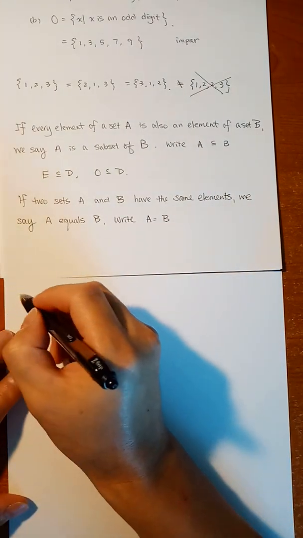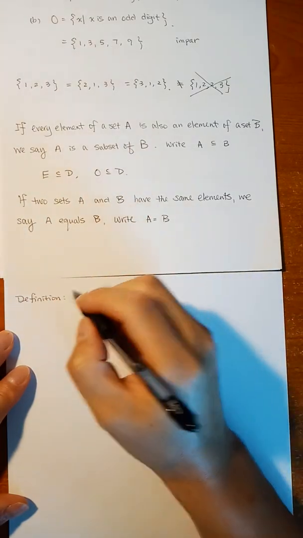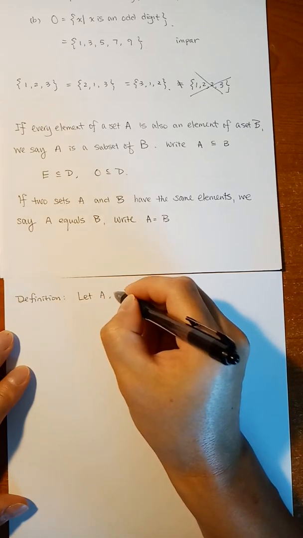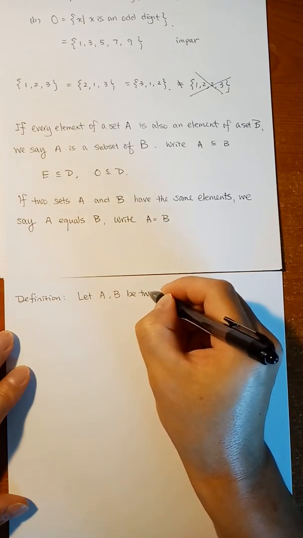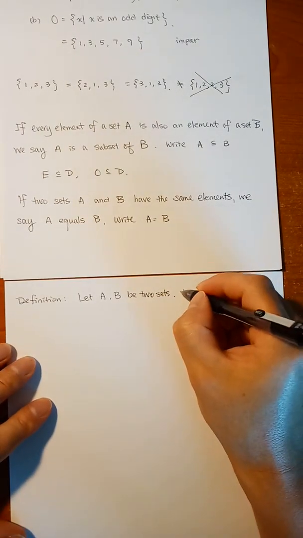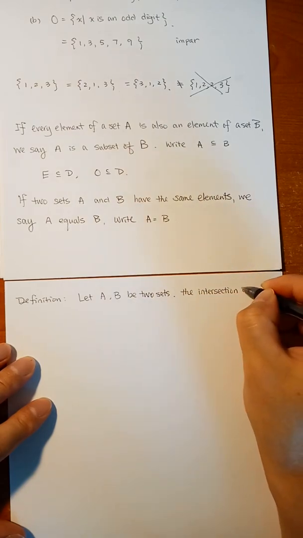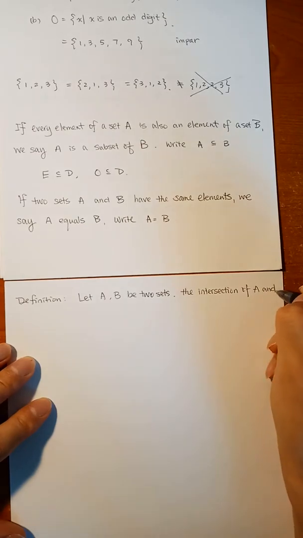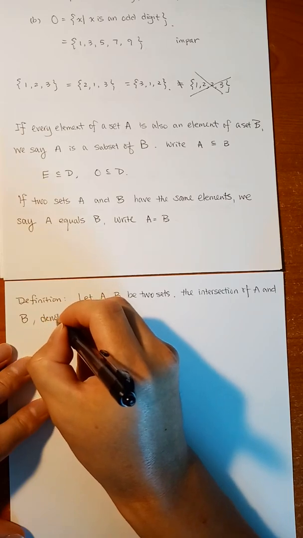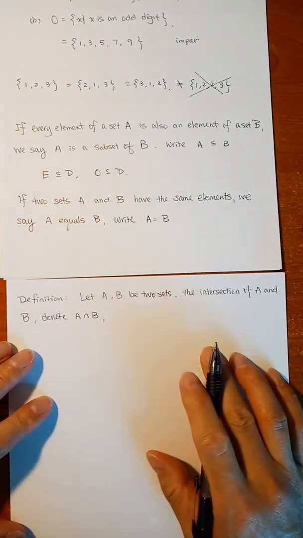Next, another definition. Let A, B be two sets. We have two sets. The intersection of A and B, denoted A intersect B. Okay, so we have a new definition.